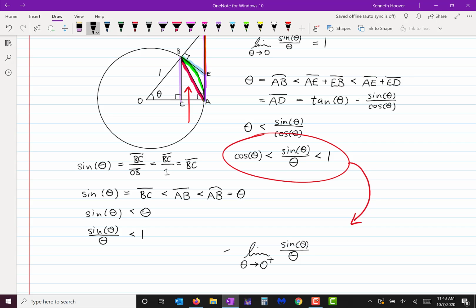Okay, now that is less than or equal to the limit of 1. And greater than or equal to the limit of cosine. What theorem am I using here? I'm using what was called the Squeeze Theorem.